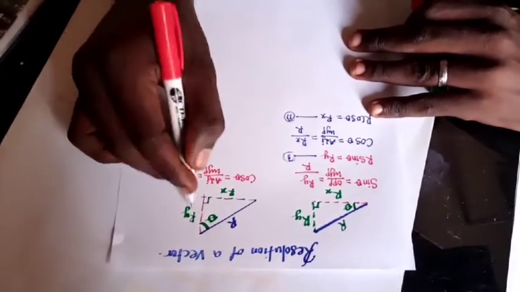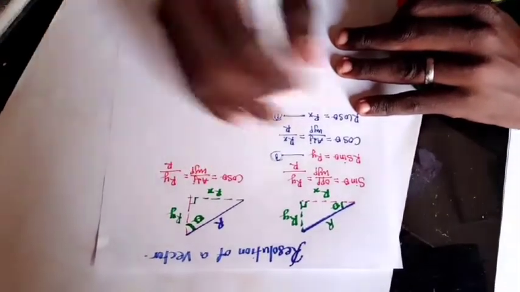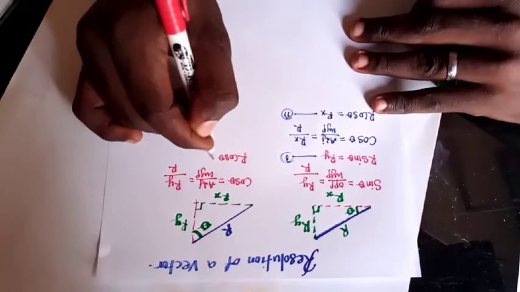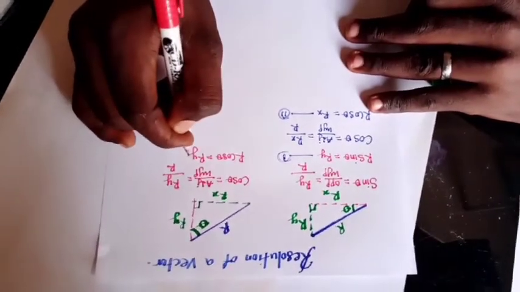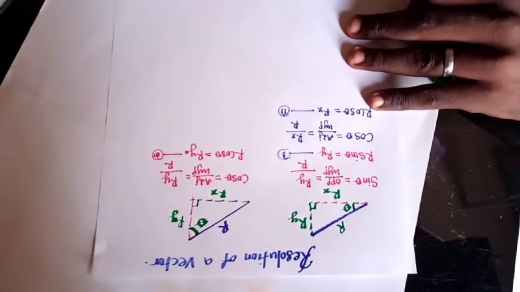So I will then have that Ry divided by R. So if I cross multiply, I'm going to have R cos of theta to equal Ry. So this is now the vertical component.